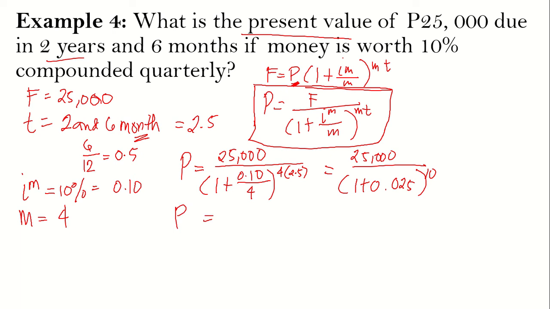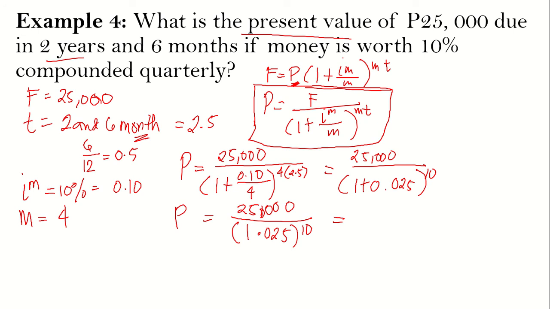So, P is equal to 25,000 divided by 1.025 raised to 10. You can substitute this to your calculator, which is 25,000 divided by 1.025 raised to 10.